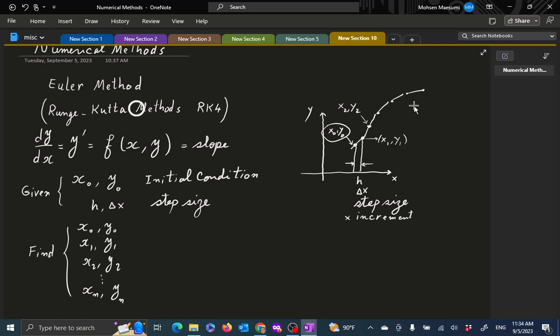The idea of advanced methods is to squeeze as much accuracy as we can without doing too much work. And the idea of Runge-Kutta methods and the other advanced methods is to give us a smooth picture without incurring too much cost. Okay, so that's the general idea.